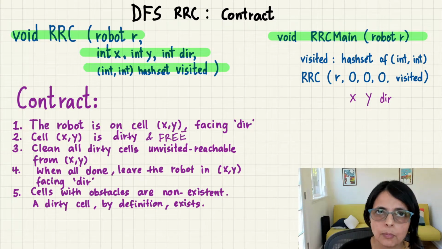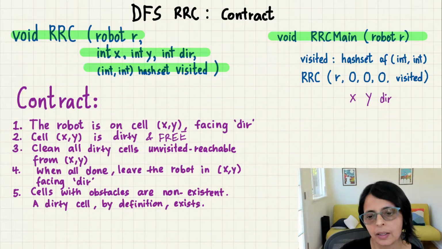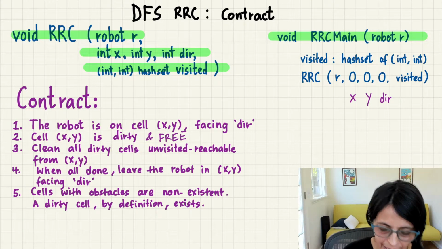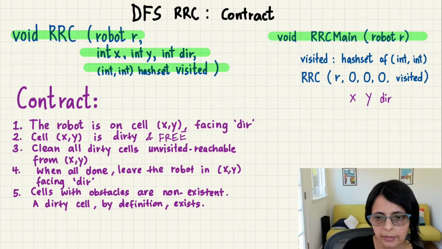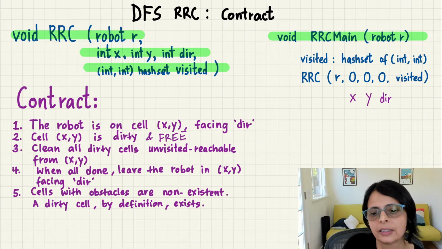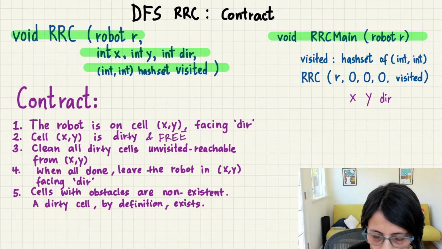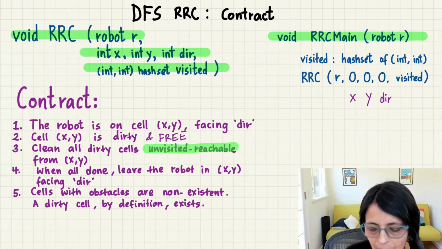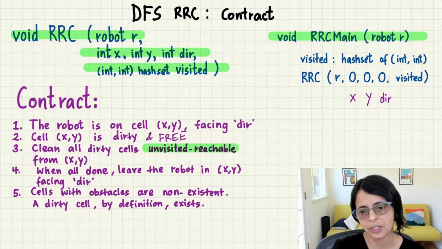The job for this particular call to RRC is to clean all the dirty cells that are unvisited reachable from X, Y. All the dirty and free cells that can be reached from X, Y without hitting a visited cell. If this is the first time you are hearing this term, which I made up, unless you've watched my DFS deconstructed video, then don't worry about it.